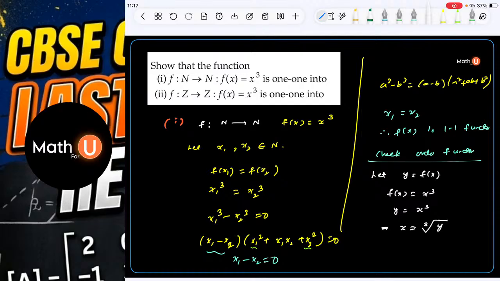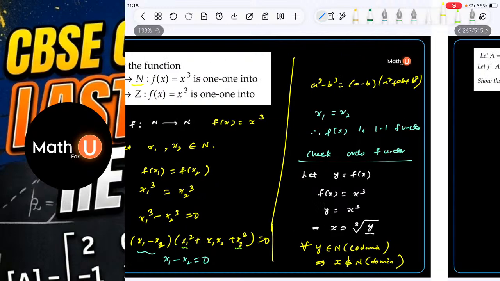Here y is the codomain, natural number. For all y belonging to the natural number codomain, that implies x does not belong to the natural number domain.